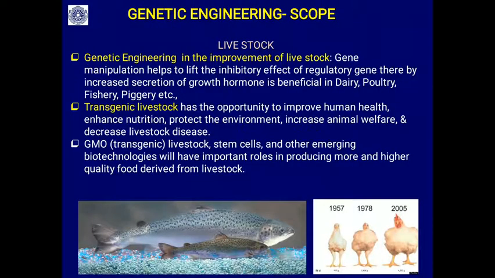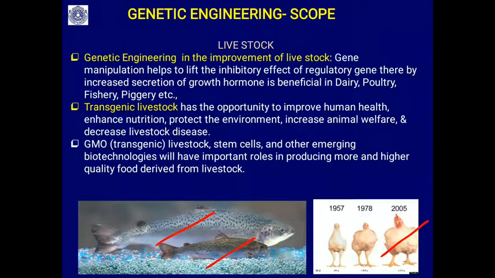Similarly, improvement in the livestock, you can see gene manipulation in animal husbandry. The growth hormones, so that the dairy animals, poultry, and then fishery, the salmon that is genetically engineered: compared to the normal, it is 10 times improvement in the amount of muscle.